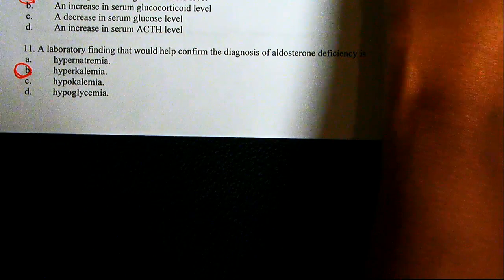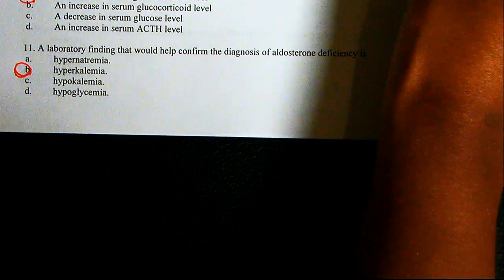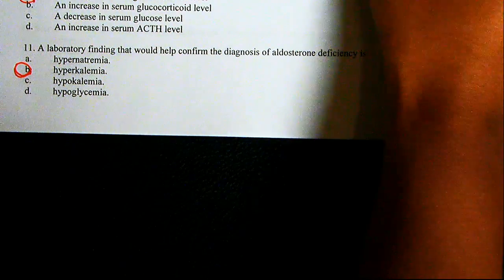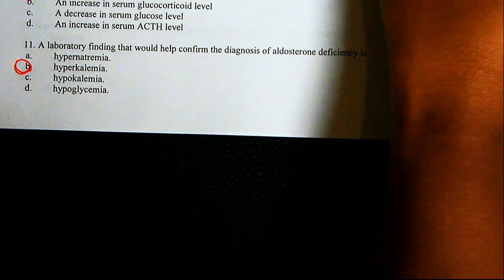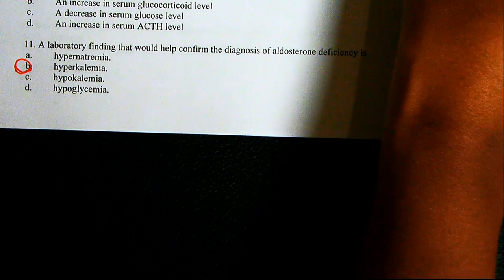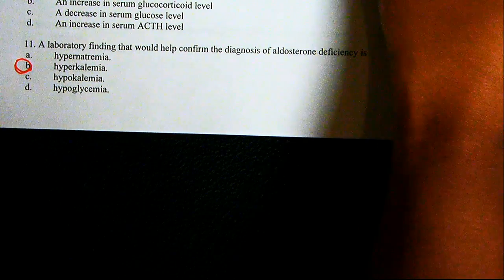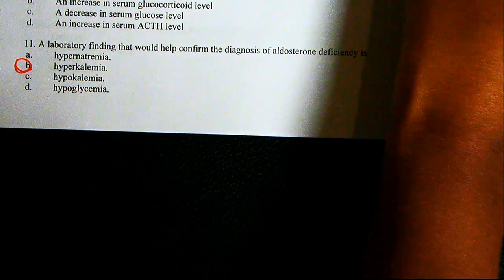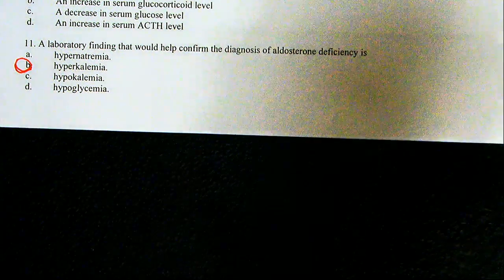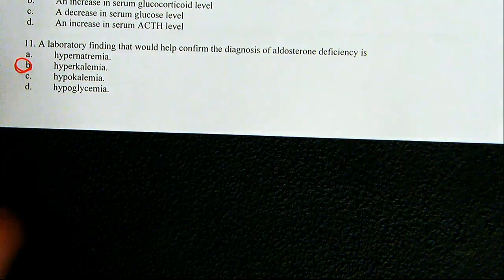Hyperaldosteronism was characteristic of hypernatremia, right? And then hypokalemia. So this is excess aldosterone.